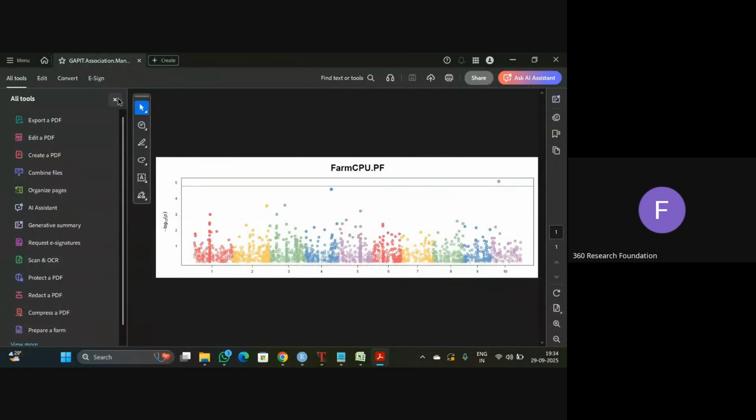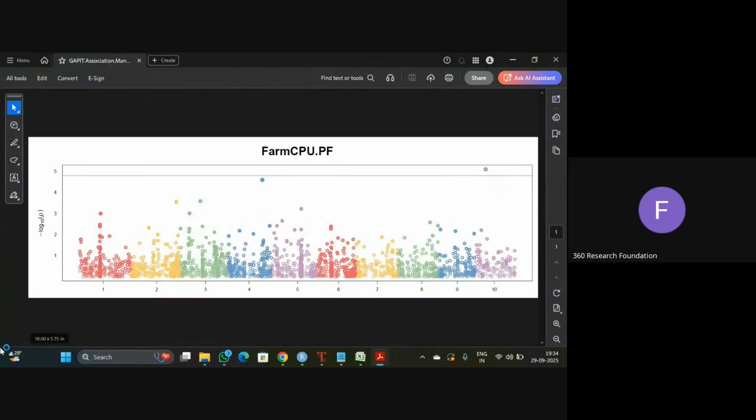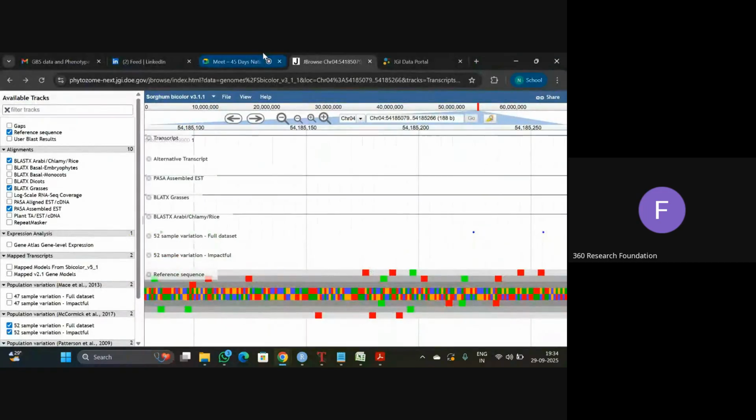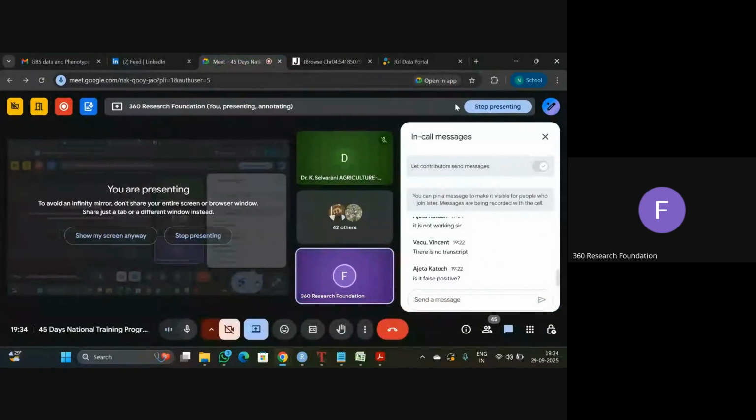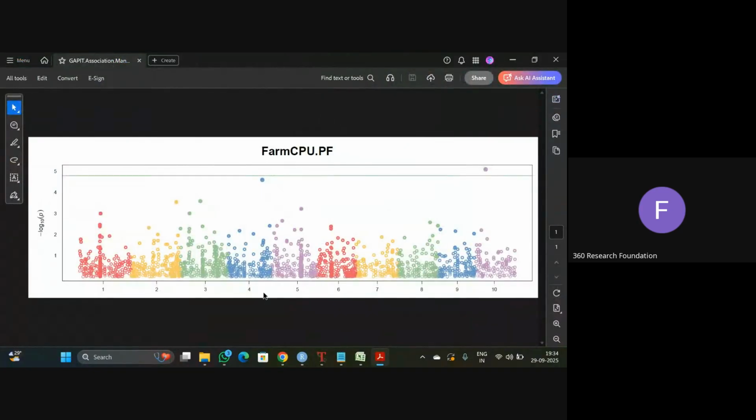Yeah, so this is the Manhattan plot. Is the screen visible? Okay. See, this is the Manhattan plot. This is the chromosome, and these are the p-values.